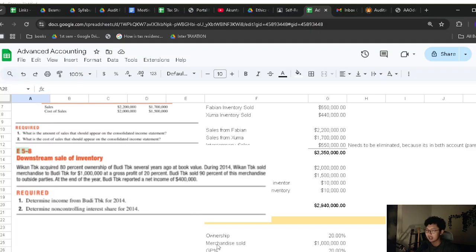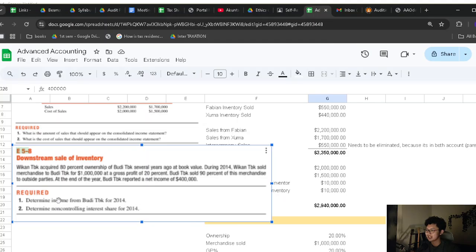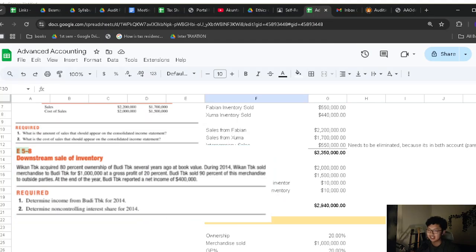Oh yeah, and by the way, the requirement is actually to determine the income, and the non-controlling interest, which we can just take from the income, so it's related to the first question. Moving on. So there need to be adjustments made for this.